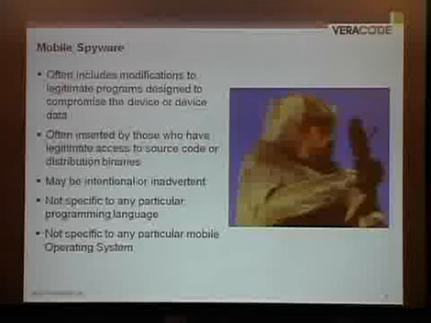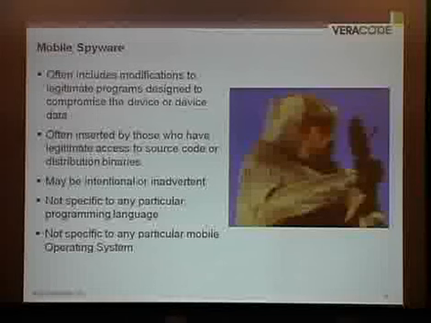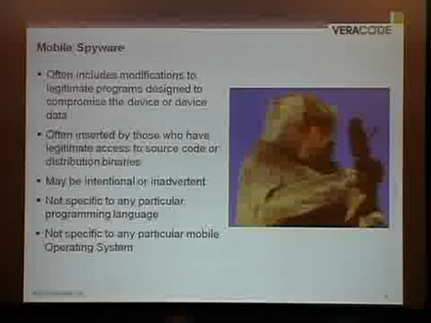But we're more interested in, say, a video game, a tic-tac-toe, a basic game that grabs your contacts and sends them off the phone. A developer may intentionally add these features or unintentionally if it's a syntactical or logic-related code flaw. And mobile spyware does not require any specific programming language. It's not limited to specific mobile devices or operating systems, and it can exist in any environment that an application can run. So it's the same concept as basic PC spyware.